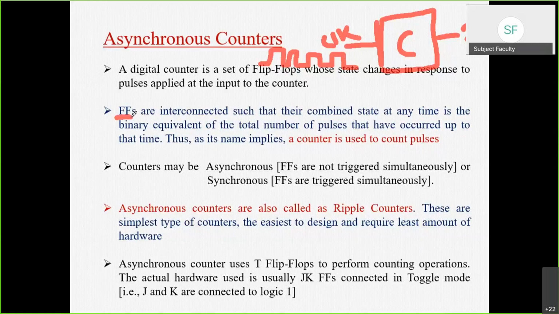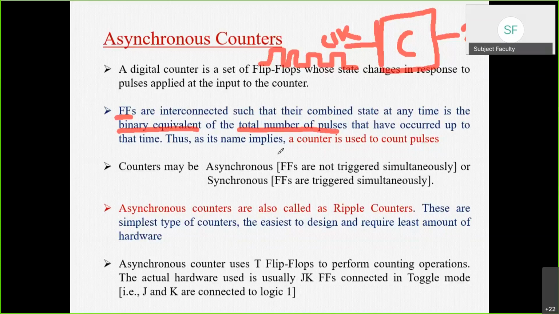Different flip-flops are interconnected in such a way that their combined state, and we know the state of a flip-flop will be either 1 or 0, so suppose you are using 2 or 3 flip-flops, when you observe the combined state of all the flip-flops, that state will give you the binary equivalent of the total number of pulses that have occurred up to that time.